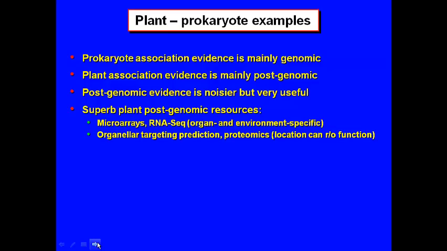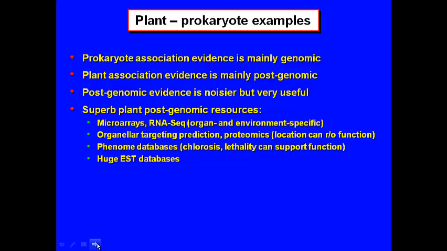And as we've said, location can sometimes be used to rule out hypothetical functions. We have beginnings of phenome databases for plants, where you have systematic knockouts of all the genes and then report the phenotypes. And we have huge EST databases and, of course, a vast literature on plant metabolism and plant chemistry.